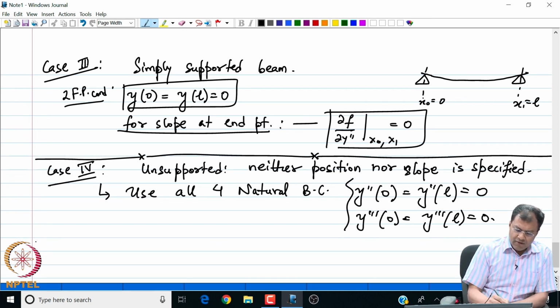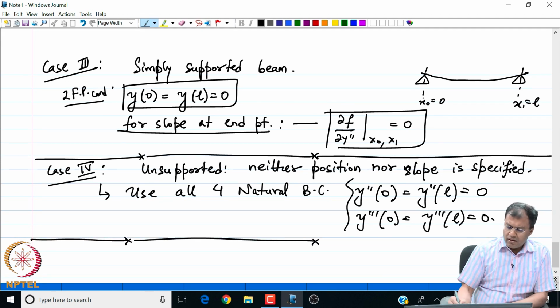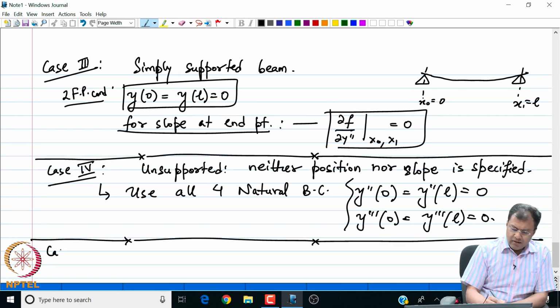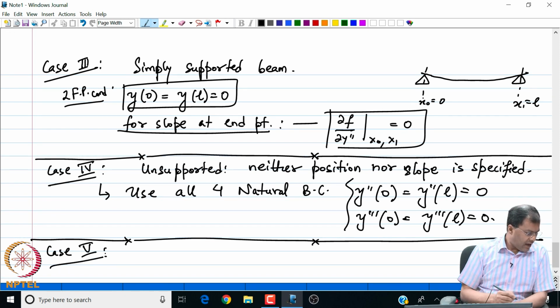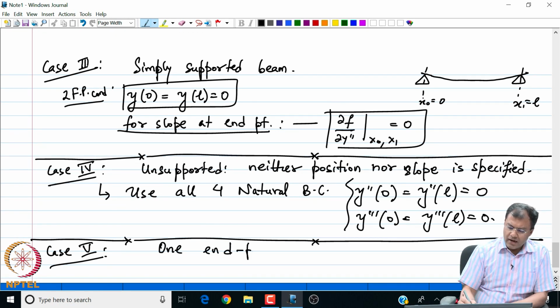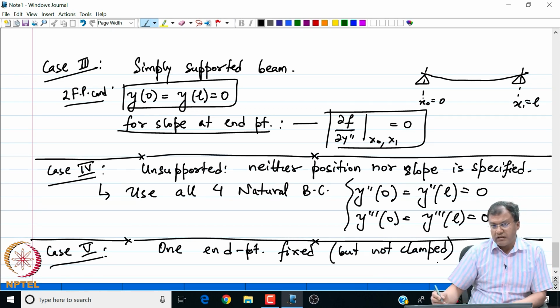Okay. Finally, we have one more case, and we will see that this is not solvable by the model that we have just described. The case that I have is with a beam having only one endpoint fixed, but not clamped, right. So what is this scenario?